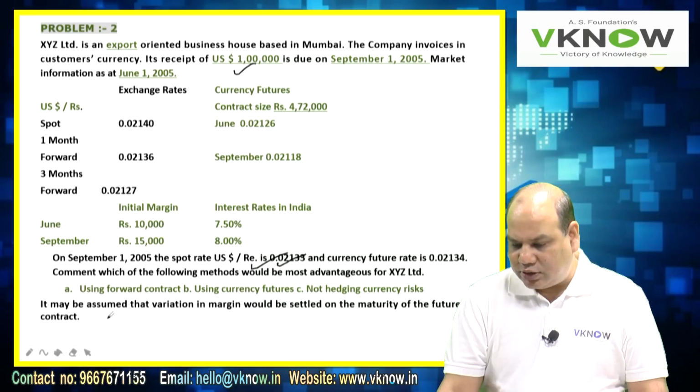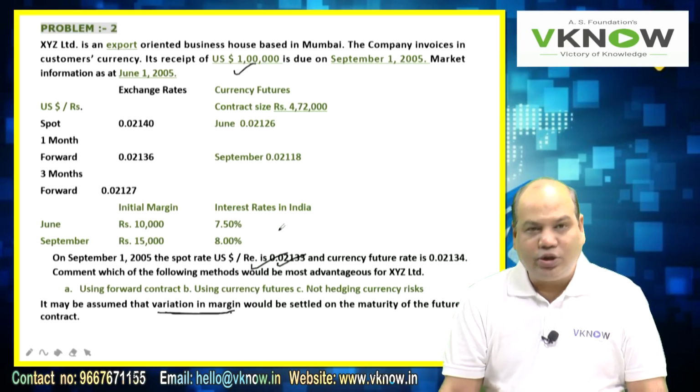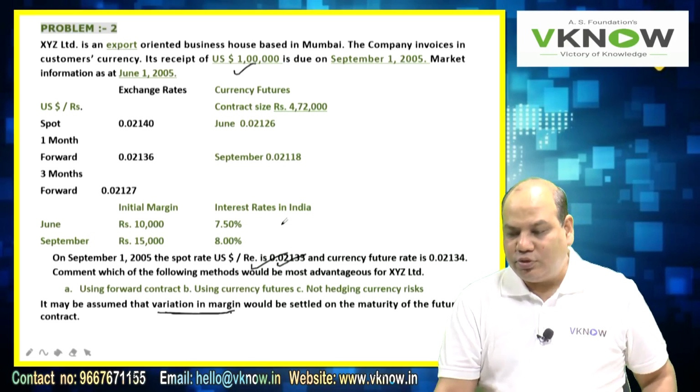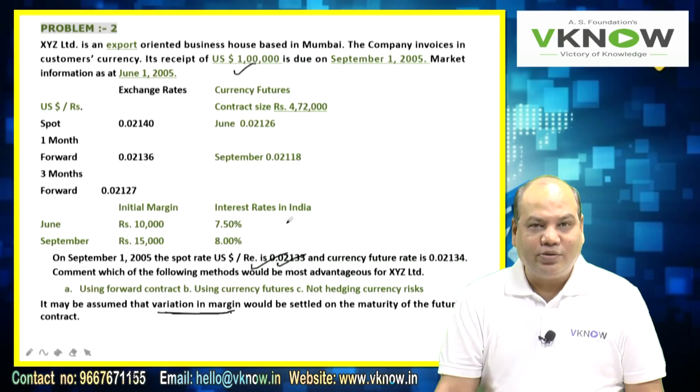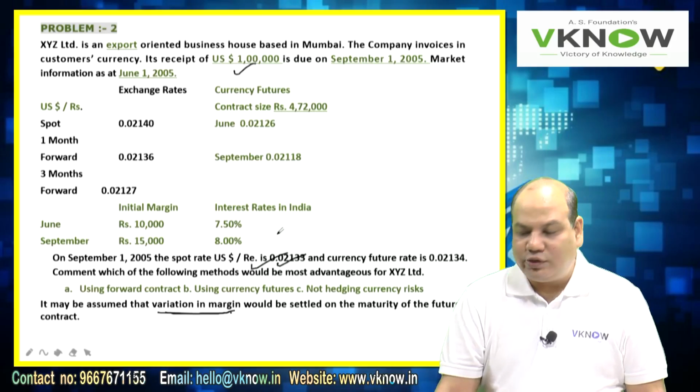And the last line says it may be assumed that variation in margin would be settled on the maturity of the future contracts. As you know, in case of future contract, you have to pay mark to market margin on a daily basis or receive on daily basis.